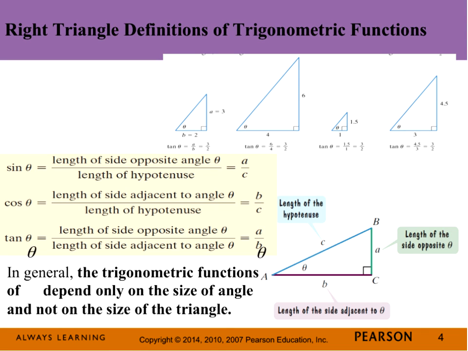Okay, so just a little bit more on the right triangles here before we dig in and actually start calculating these things ourselves. I found this particular image in your textbook, and it just starts bringing together the idea of using the sides of the triangle to figure one of the trigonometric functions, and in this case it's tangent.